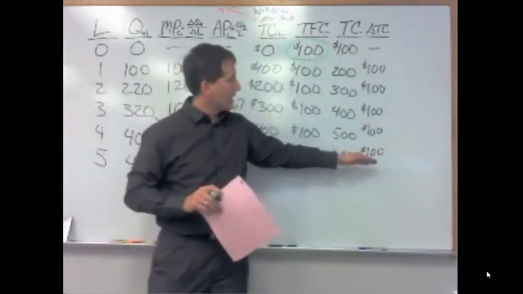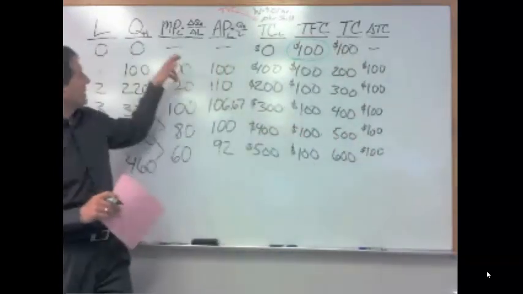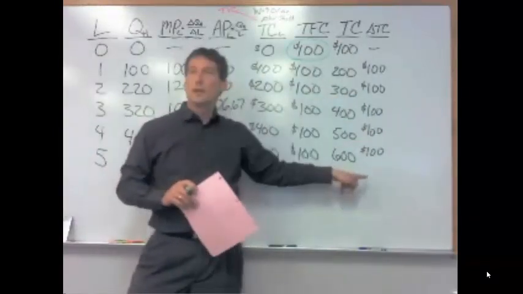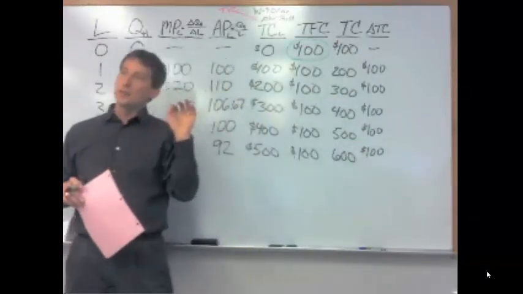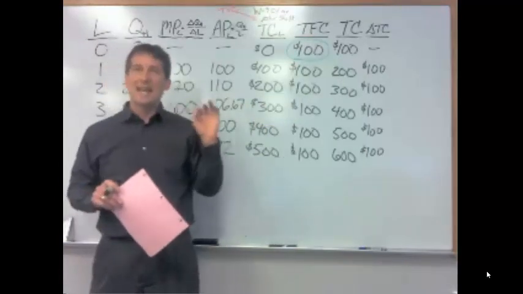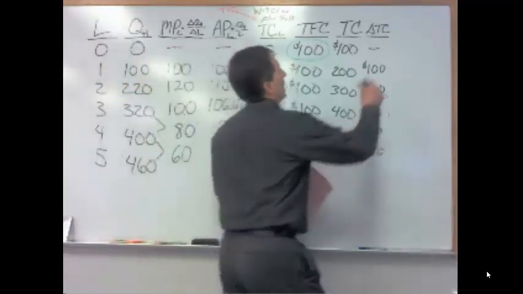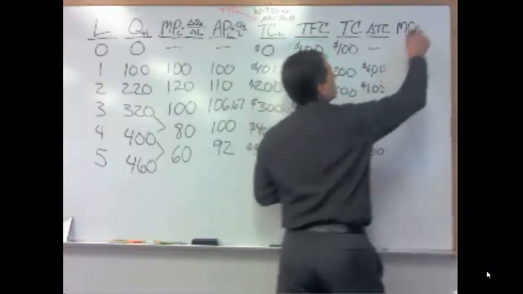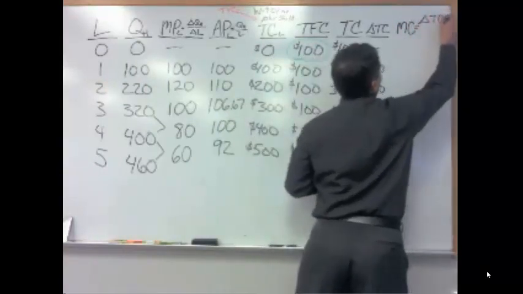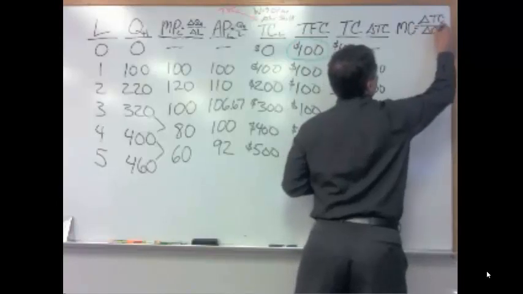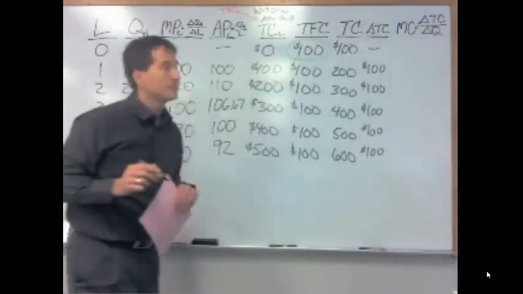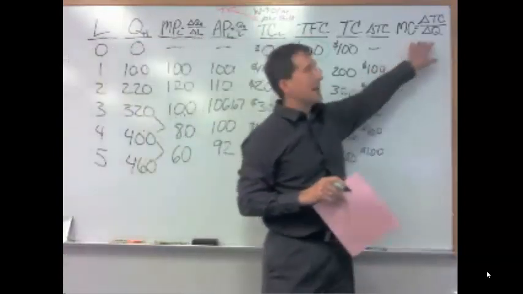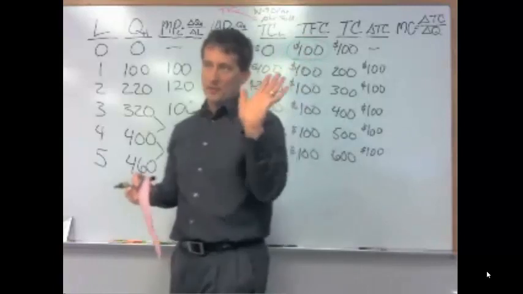The change in total cost is going up by the amount of people I'm hiring, is what's driving this result. But that's not what's going on in terms of a per hamburger cost at the margin. The marginal cost, our final column here, is the change in total cost from an additional unit of production. We're narrowing that down to a single unit.